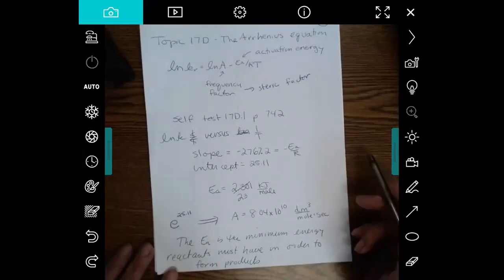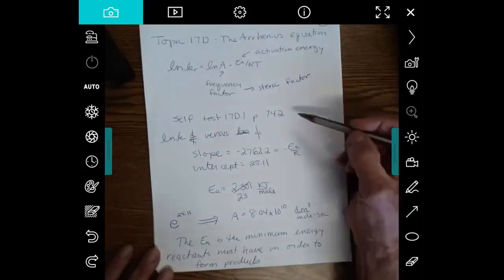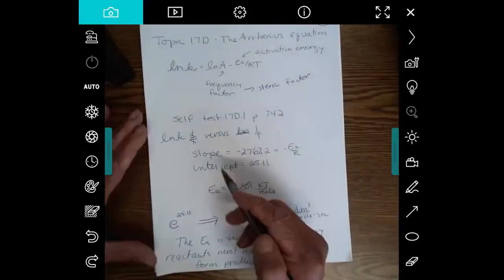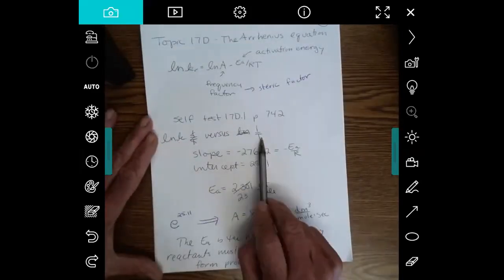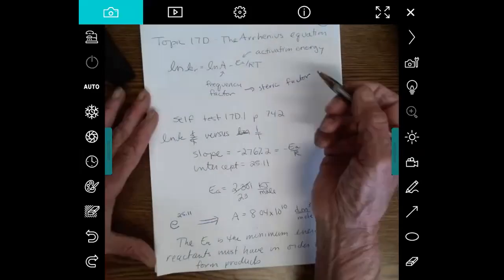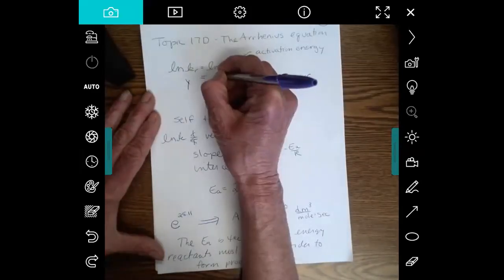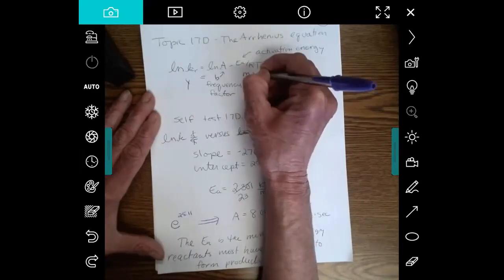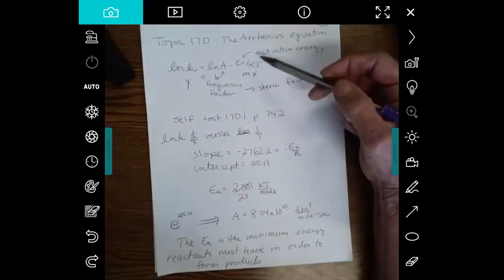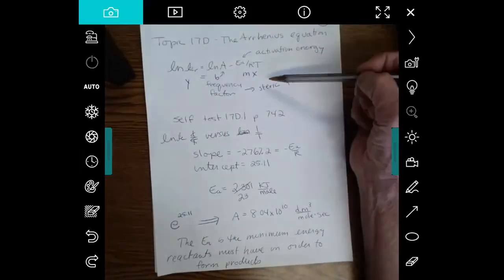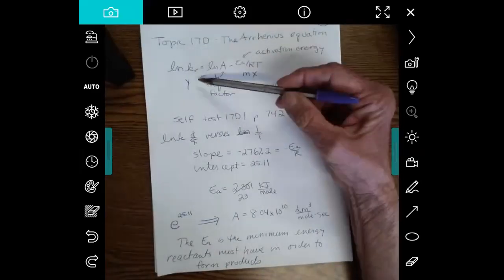If you look at self-test 17D.1 on page 742, you can see that if you measure rate constants at different temperatures, and then graph the natural log of the rate constant versus 1 over T, you'll have a straight line.